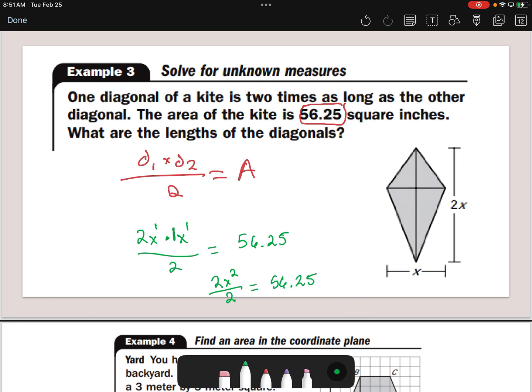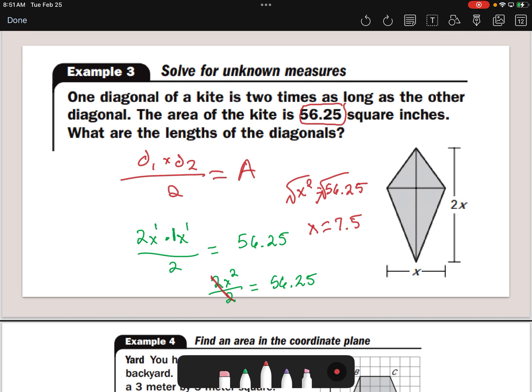What happens with the 2's? They cancel out. I'm left with x squared equals 56.25, and what's my last step? Take the square root. All right, someone tell me, actually it's going to be exact if I remember. 7.5. Okay?